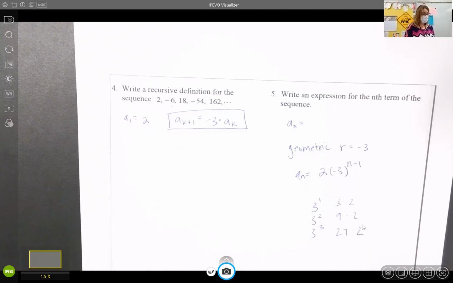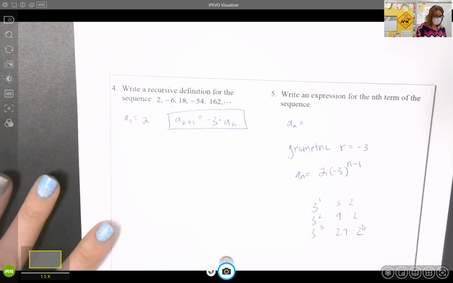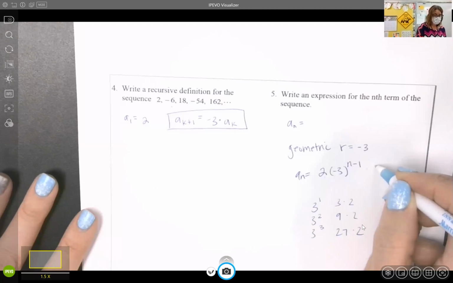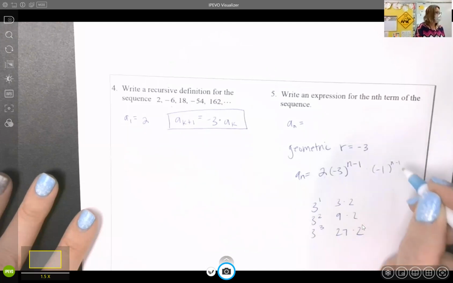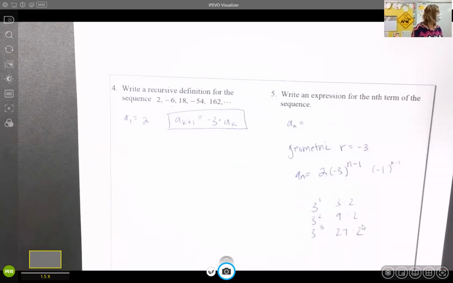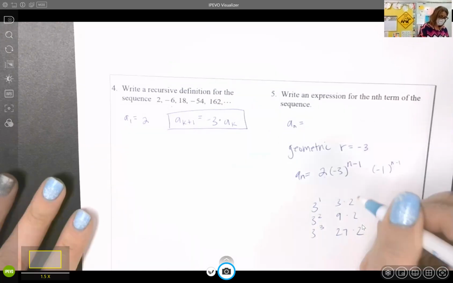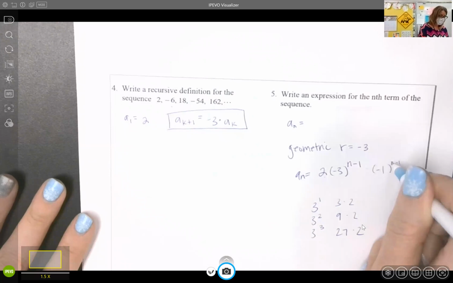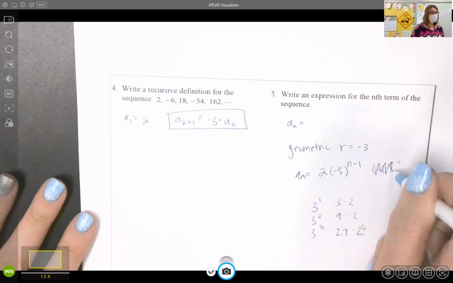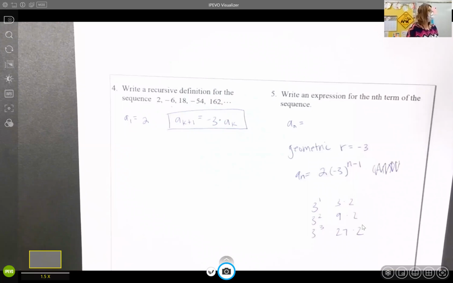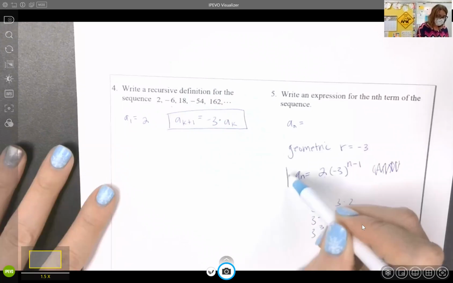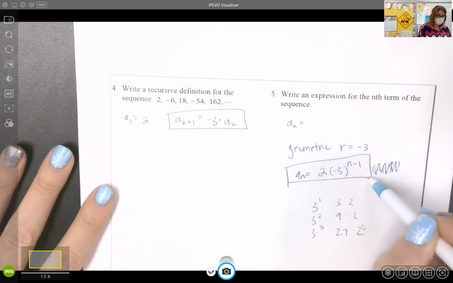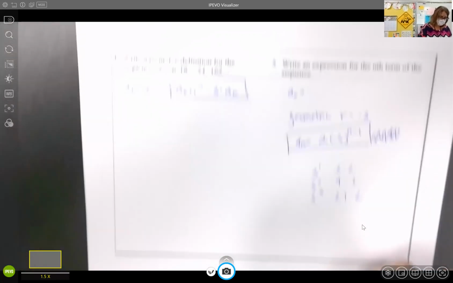Now, if they were switched around where this started out negative, positive, and negative, then what you do, and I'm just going to put it right here so you can see it, is you do a -1 to the n minus 1 power as well, and then that puts a -1 there for you, okay? Or to the n power, depending on what you need, okay? Either n or n minus 1. So that's how you change the sign around. You multiply by that -1. So right here, we have discovered the geometric formula, okay?